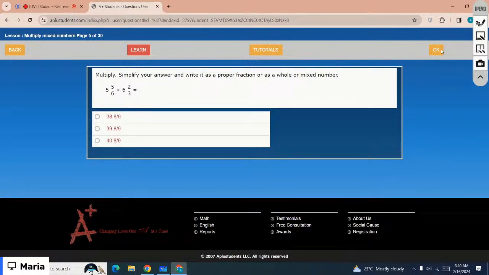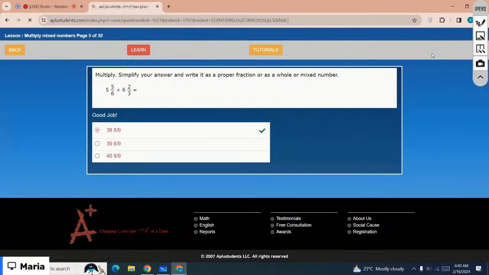So which is the correct option? Okay, let's just guess the answer. I don't know, I am also going to guess the answers. 38 whole 8 over 9, because usually option number 1 is the correct one, right?